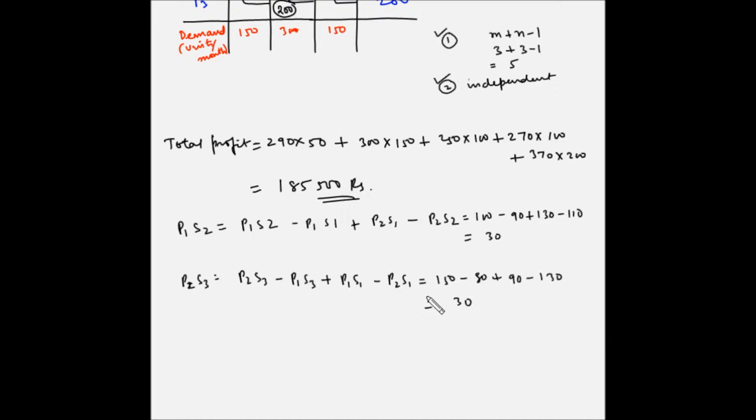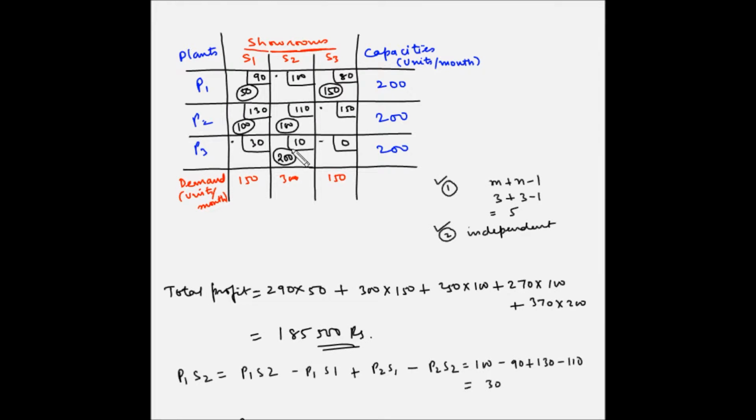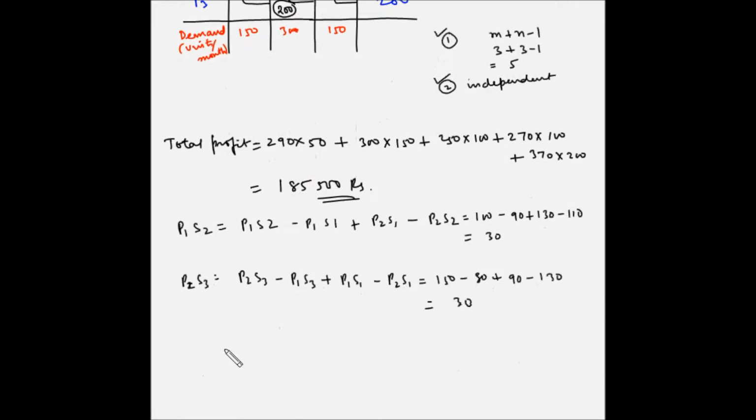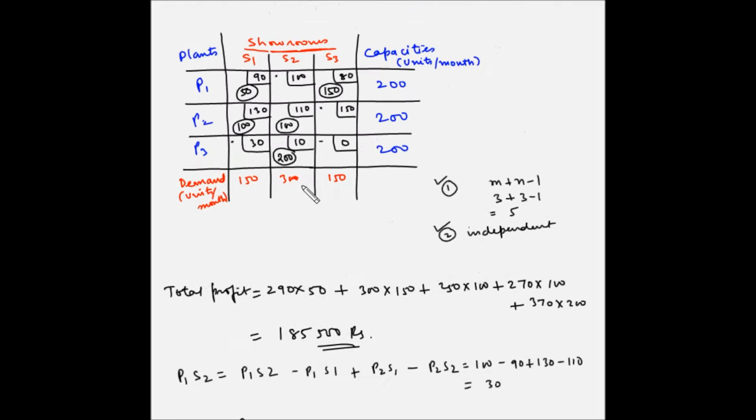Now the next water square is P3S1. So let's form the closed loop for P3S1. The closed loop can be P3S1 to P2S1 to P2S2 to P3S2 and then back to P3S1.